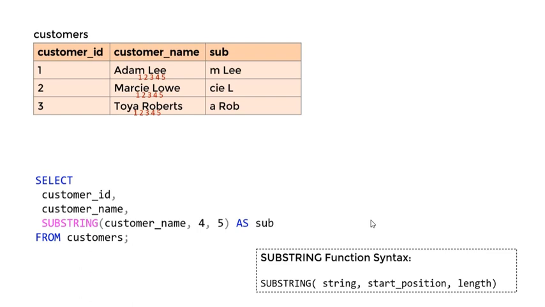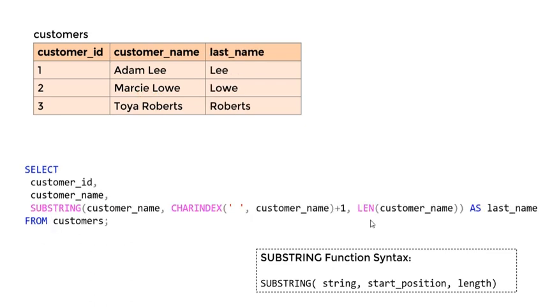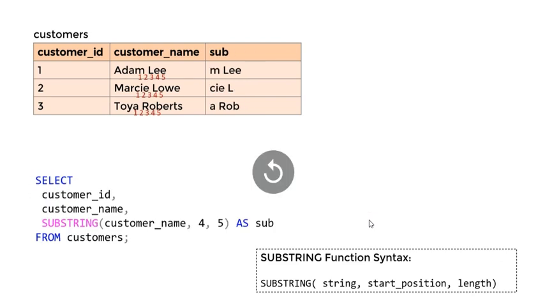For the third argument, the length, we can use another function called the LEN function. Let's take a look at the length function. The length function returns a number which is the length of the string.